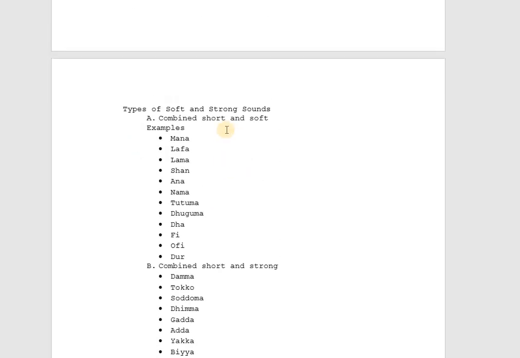These are the 4 examples we're going to see. Combined, short and soft. Short is the one that goes short and long, and soft is soft and strong. But here we are combining two: the sound that is short and the sound that is not deep, that's not strong.